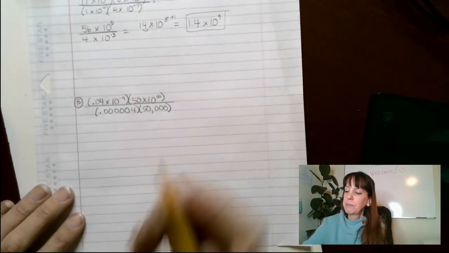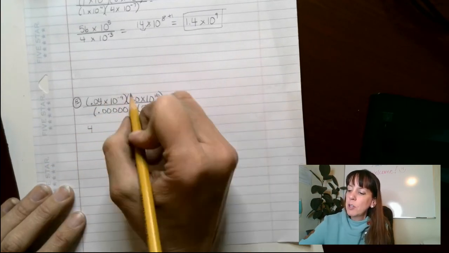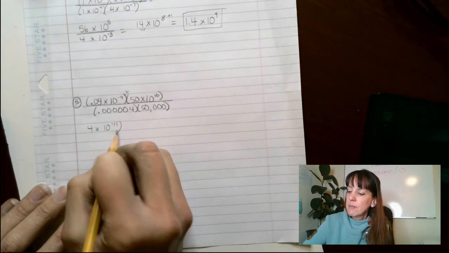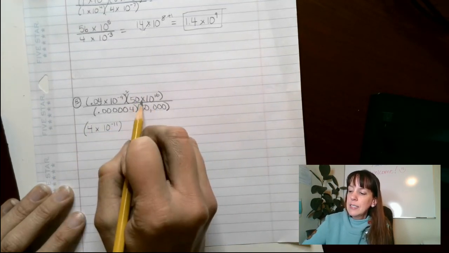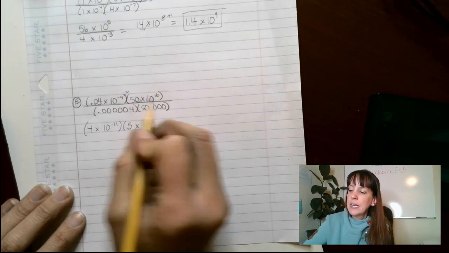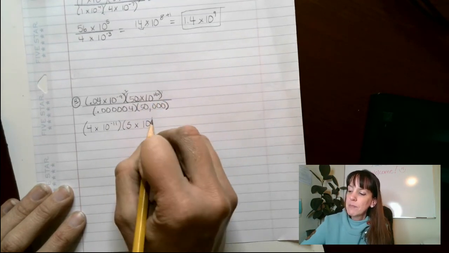Let's try this. So we're going to go 1, 2. I make that number larger, so I'm going to make this smaller by 2, minus 2. That gives me 10 to the negative 11. Now, this, I need to move it over 1 spot, so I'm going to get 5 times 10 to the, now I made that number smaller, so I have to make this larger by 1, so plus 1, so 17.